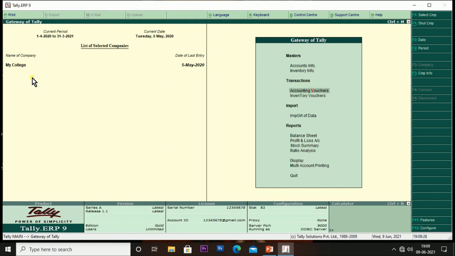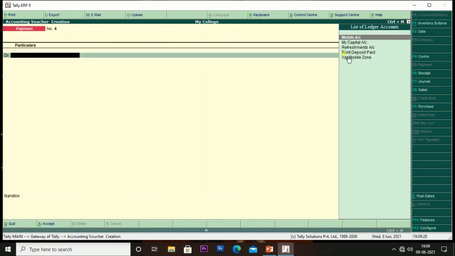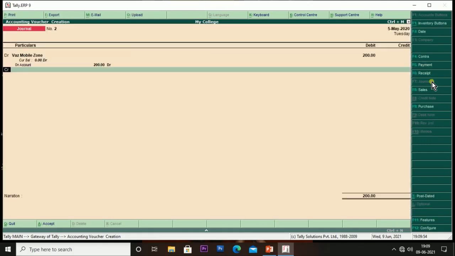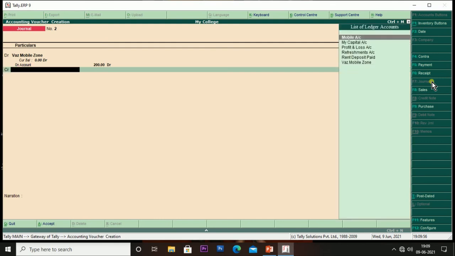So for that purpose, in accounting vouchers, again we take journal. Vas Mobile Zone debit, since we are adjusting Vas Mobile Zone, who is a creditor, with 200 rupees. As he is a creditor, we make the debit entry on his account and credit to discount received.